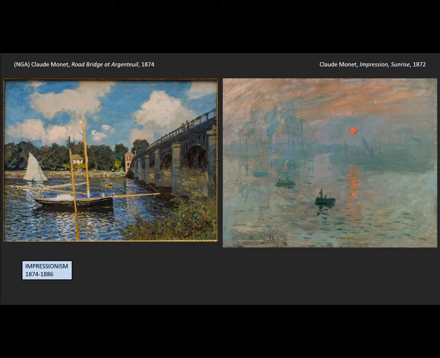First, the name Impressionism was given to a group of 30 painters at their initial show in 1874. There was a group of 30 painters who got together. Many of them had been rejected by the Salon on one too many occasions.